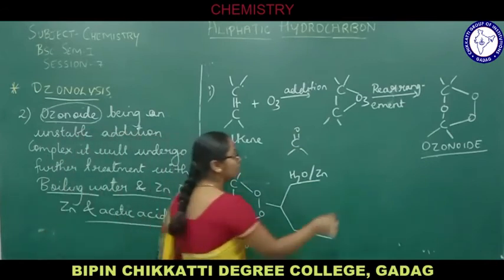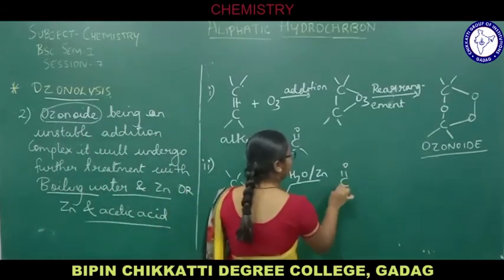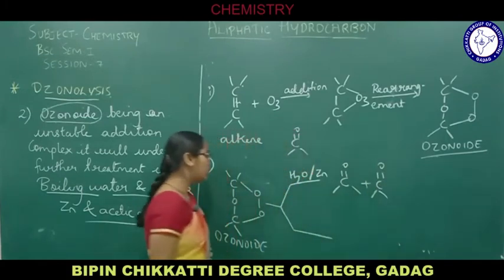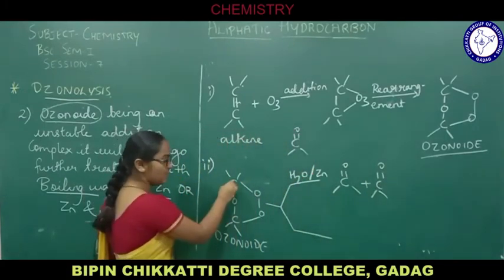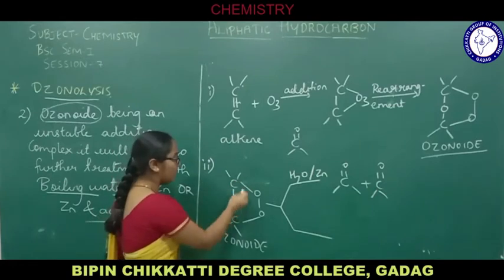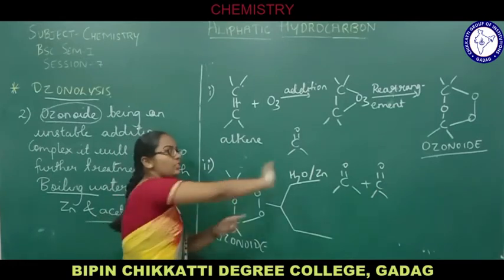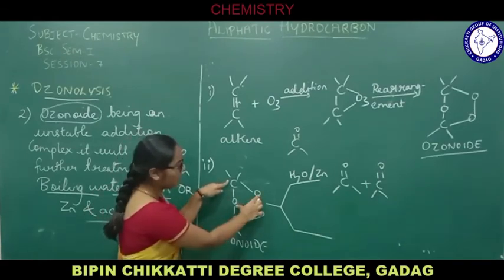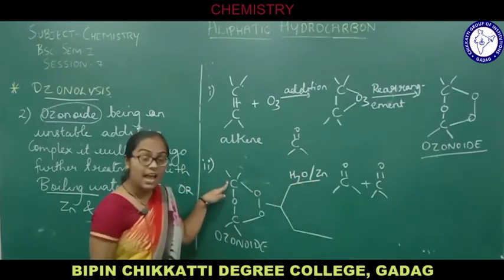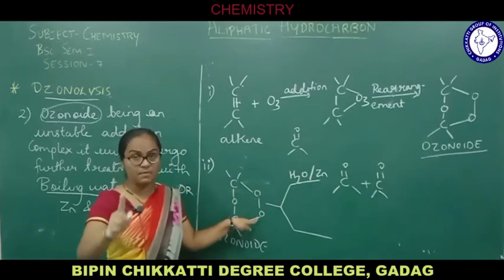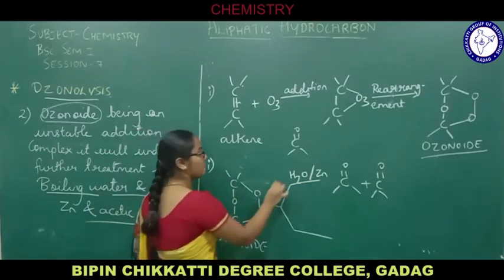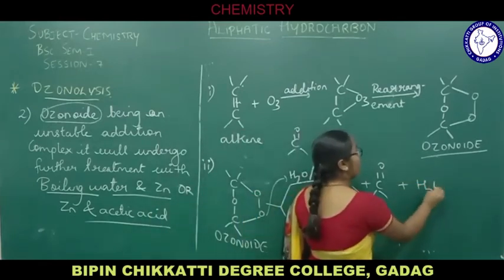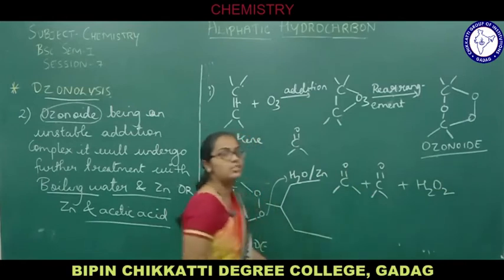Why are there two? Because the two carbons, along with two oxygens, get separated. One oxygen which remains combines with water to form a byproduct called hydrogen peroxide.